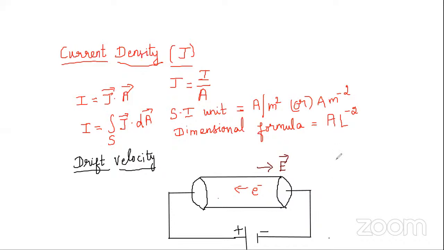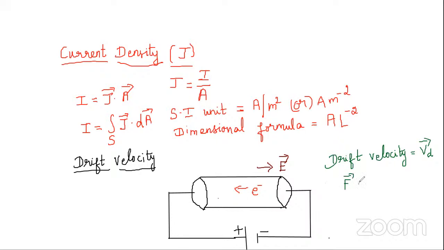It is represented by v suffix d. It is a vector quantity. Drift velocity is the velocity with which the electrons move inside the conductor after making a lot of collisions.